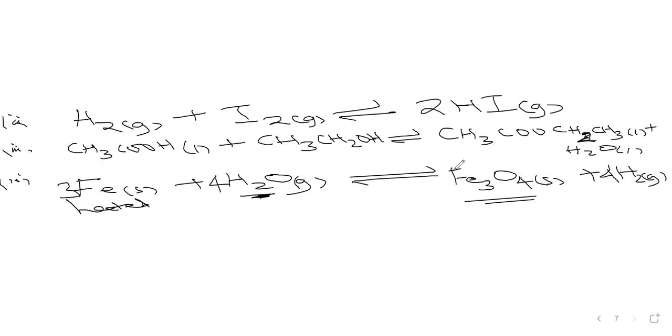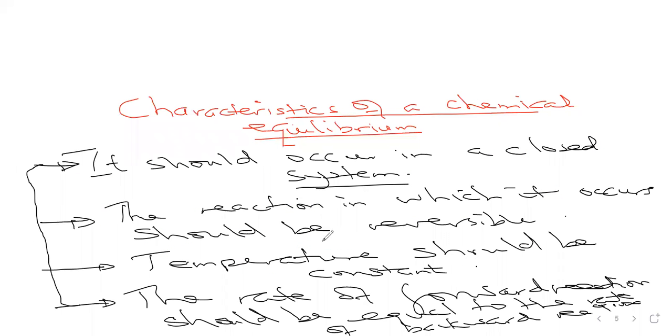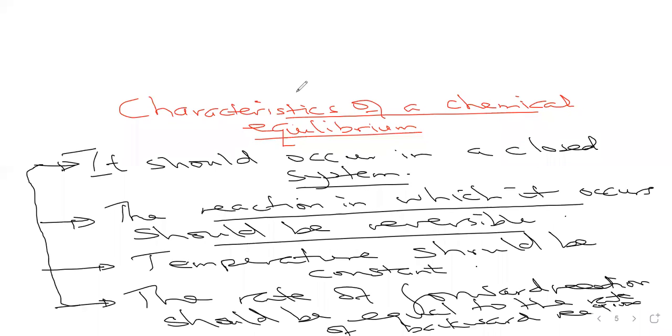Within the whole lesson, we shall be seeing very many reactions that are reversible, because one of the characteristics of a chemical equilibrium is that it should occur in a closed system, and the reaction in which it occurs should be reversible. So that means we are entirely going to be looking at reversible reactions.